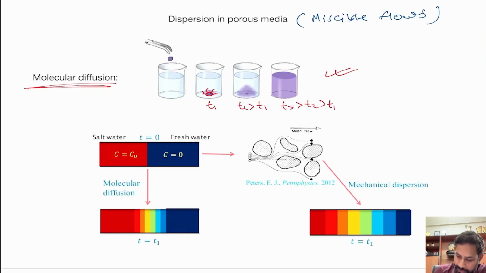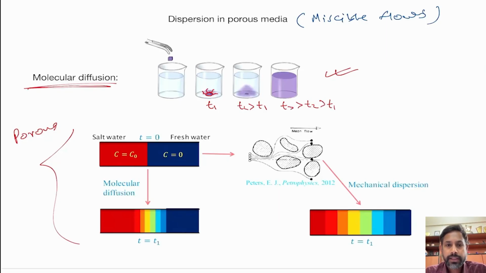But now let's consider this porous media example. We'll assume that this is porous media, and these are all porous beads. So we assume they are porous beads, or this medium is porous, but I'll not draw it. In this porous media, let's consider that we have two regions.